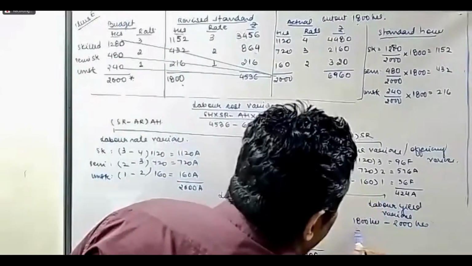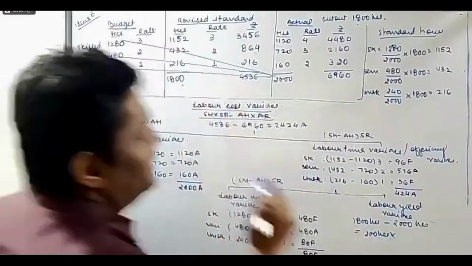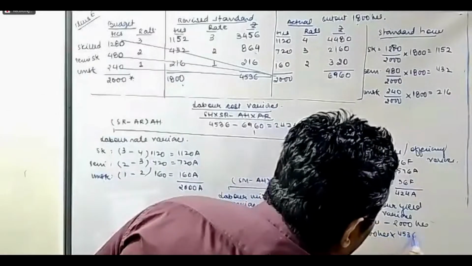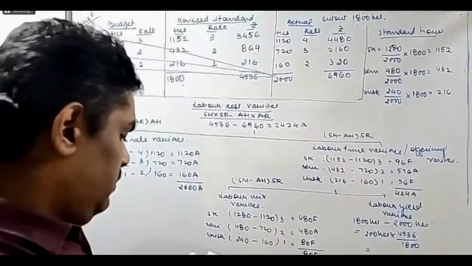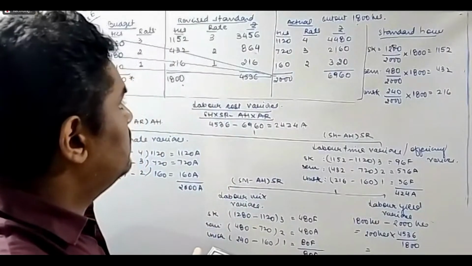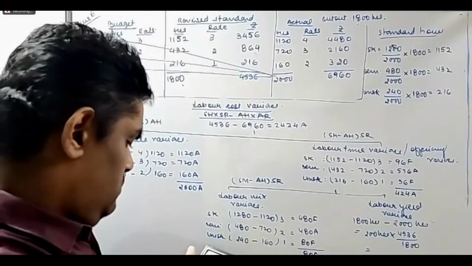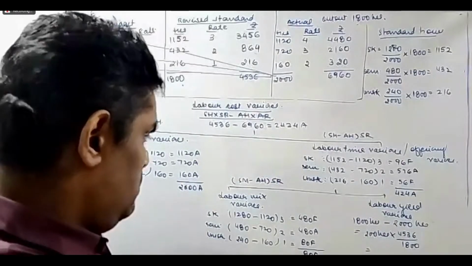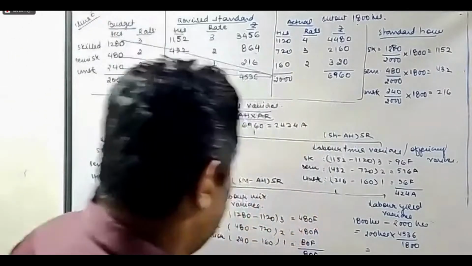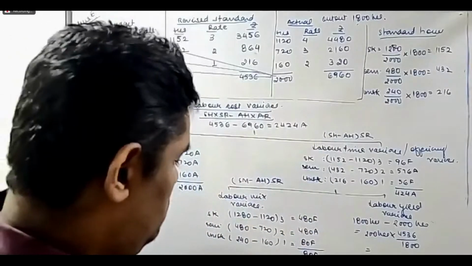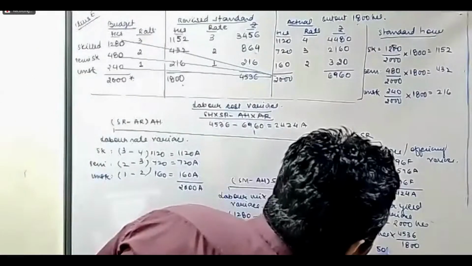The same way, 200 hours extra we took into the weighted average rate, that is 4536 divided by 1800. This will be 504 adverse.